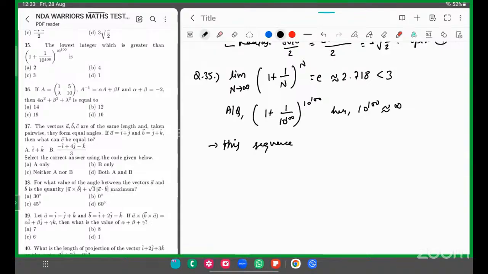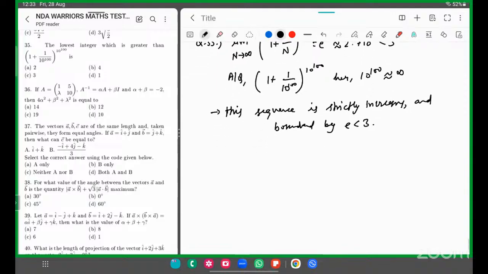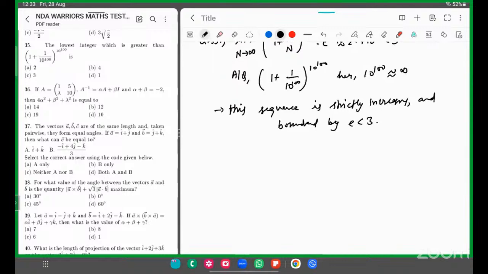this sequence is strictly increasing type, strictly increasing, and bounded by e less than 3. Cannot go more than 3 even. The lowest integer strictly greater than this value is 3.